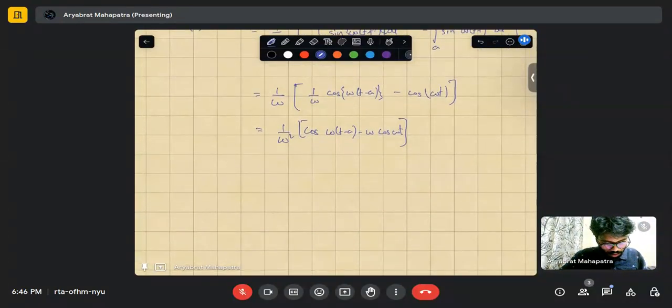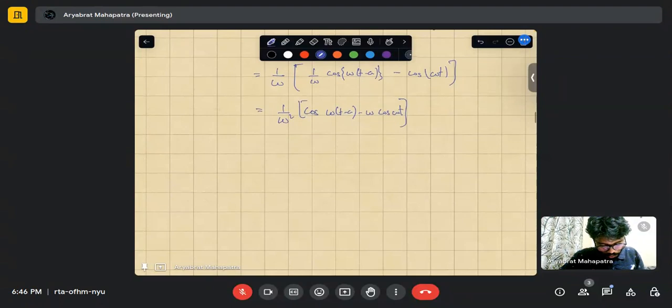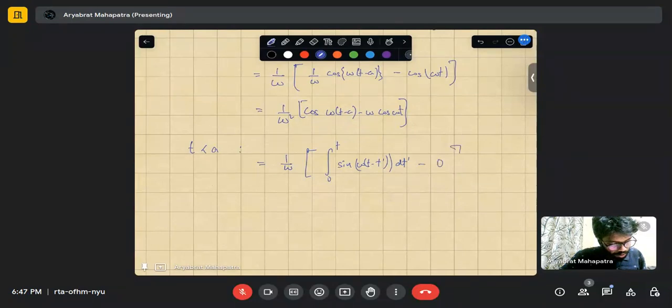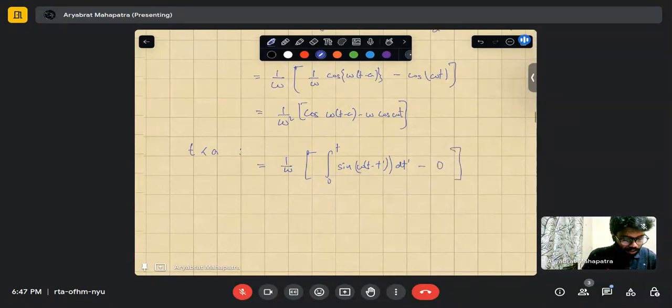In the same way you can also do it for t less than a. For t less than a, your integral will basically reduce to the integral from 0 to t of sine omega (t minus t prime) dt prime, minus 0, because your second part will never contribute.